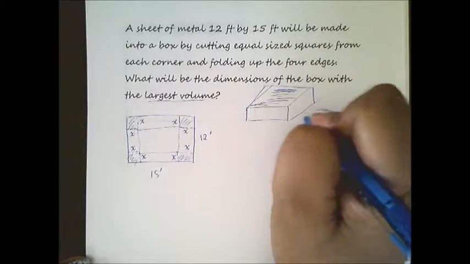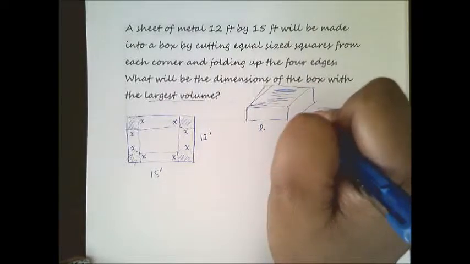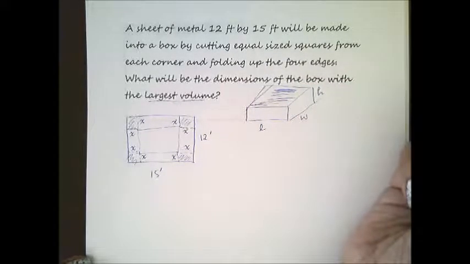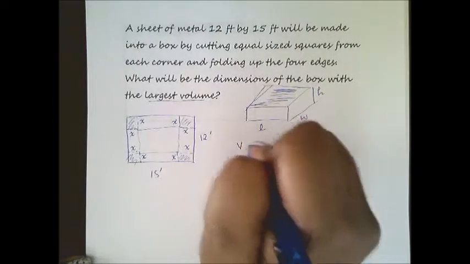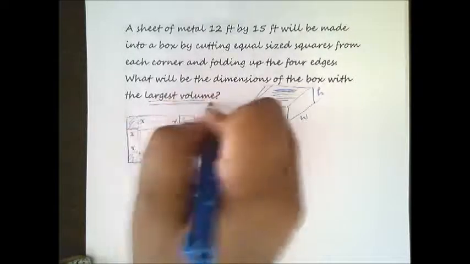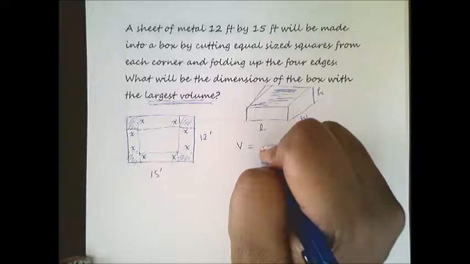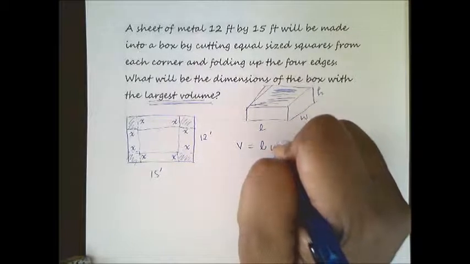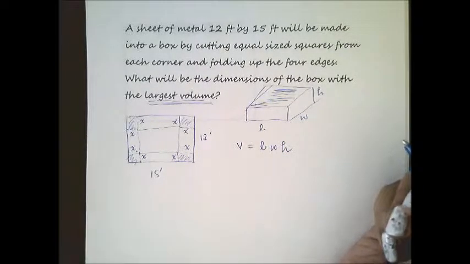Let's say that this is the length, width, and height of the box. The volume of this box, because I want to find largest volume, would be found by multiplying length times width times height. So we need expressions for length, width, and height.